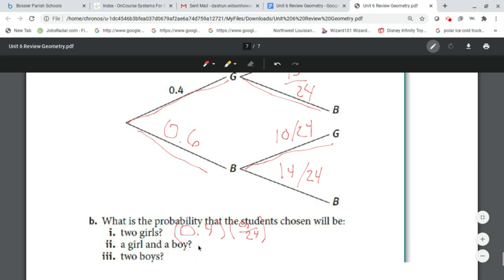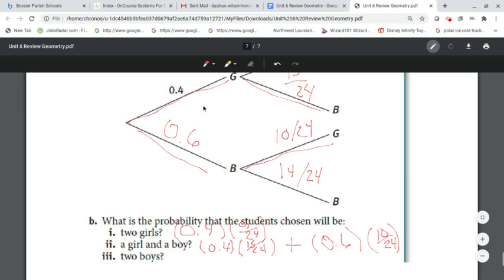So we're going to do 0.4 times 15 over 24 plus 0.6 times 10 over 24. All right, those are 2 mutually exclusive events, so you can just add the 2 probabilities together.